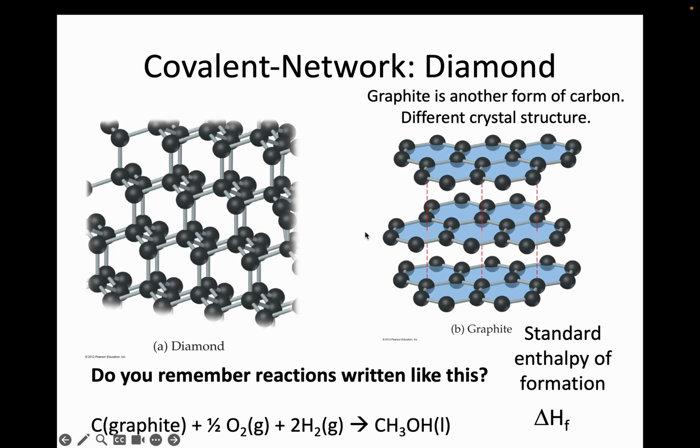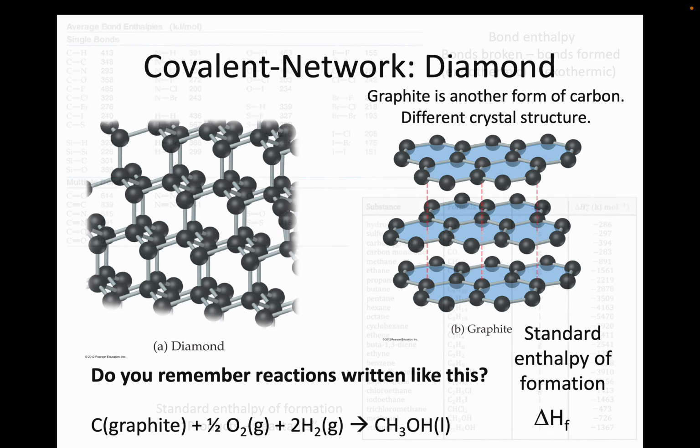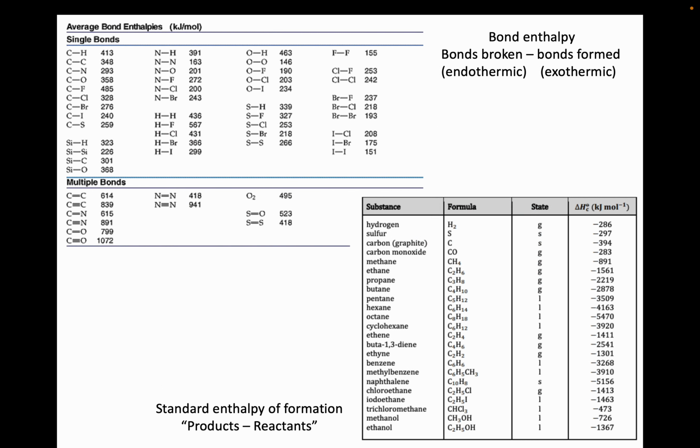So we want to be able to write standard enthalpy of formation reactions, and we want to be able to use them. And when I say use them, back in Chapter 5, we had data provided in two different ways. It could be within a data table involving bond enthalpies, or it could be one where we have specific standard enthalpy of formation data given. We want to be clear how to use each one.